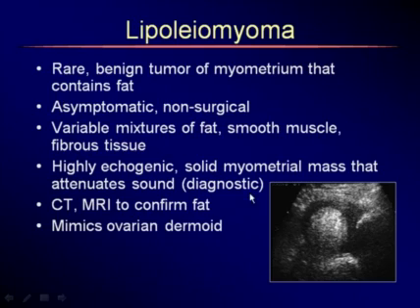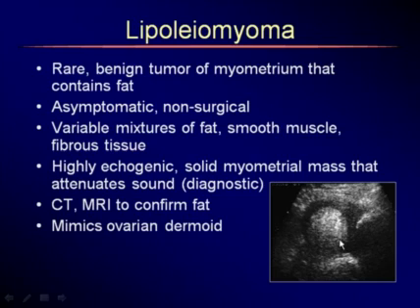A lipoleiomyoma is a rare benign tumor that contains fat. It's usually asymptomatic. It's not a surgical lesion. It does not degenerate into anything sarcomatous. It has mixtures of fat, smooth muscle, and fibrous tissue. It's highly echogenic. It attenuates sound. It kind of reminds you of what a dermoid looks like.